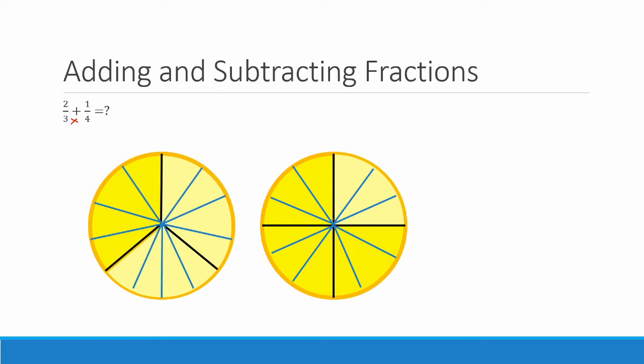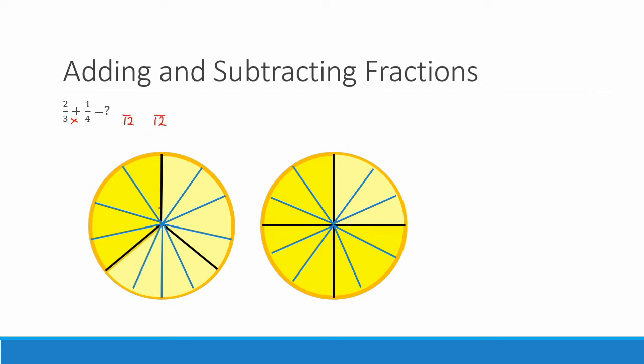And in the same case here, my quarters have now been cut into 3. I've actually multiplied how many slices I have for each quarter by 3. So a quick way of finding my multiples is to multiply my denominators together. That gives me a multiple of 12 on each side for both my pizzas.